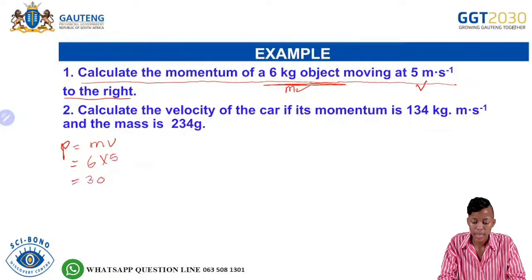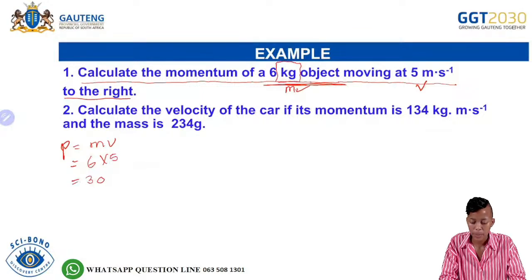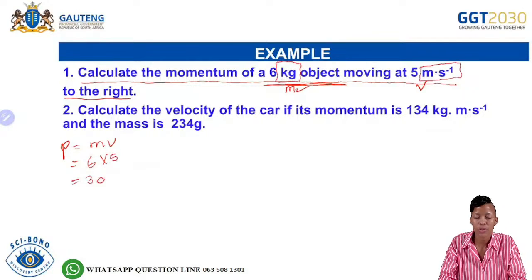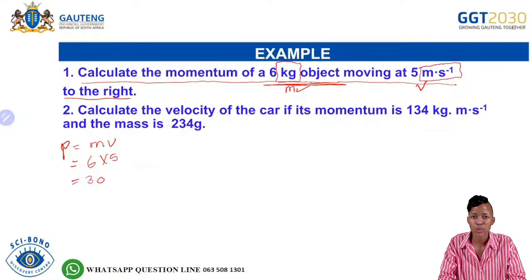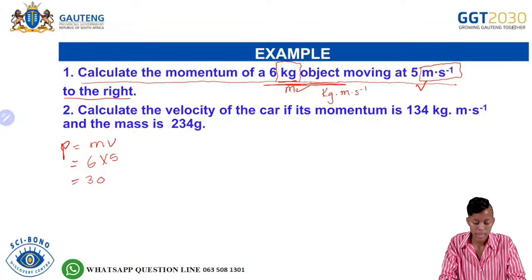And then how do you write the units? The units are given. So you are given the unit of mass there. And then you are also given the unit of the velocity. So what are you going to do with those units? You are just going to combine the two units. And then what are you going to have? It means that you will have the kilograms, which is given, and the meters per second there.